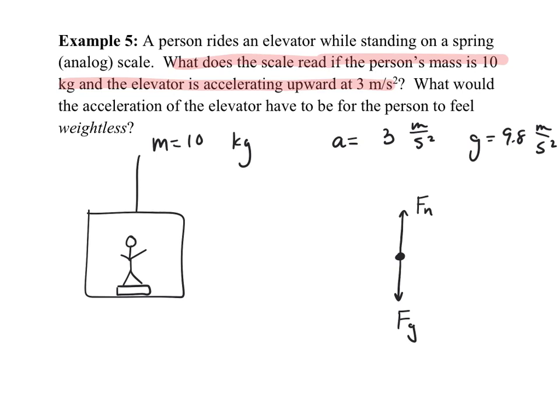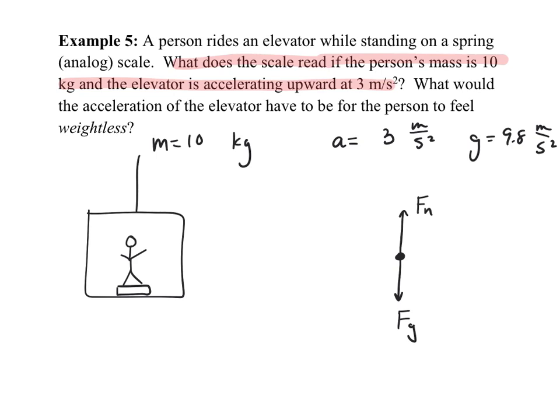So let's write down in big letters that the scale reading is the normal force. This is for all problems, I'm guaranteeing you 100% on an AP exam, there will be a problem involving a scale. It is on every single one. You will have it on my next test for sure. A scale reading tells you the normal force.